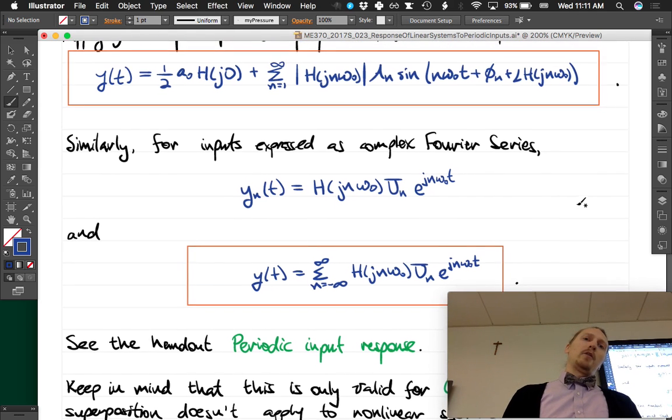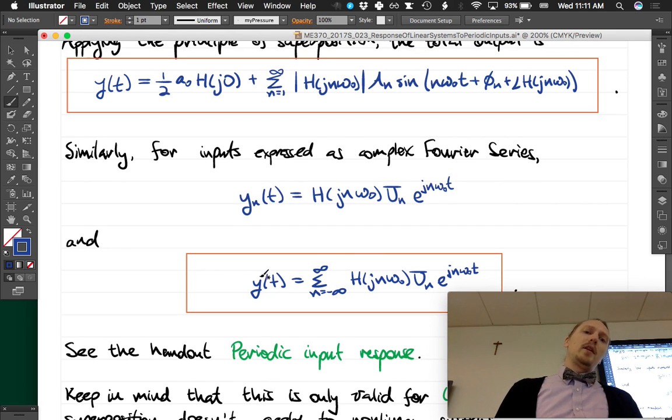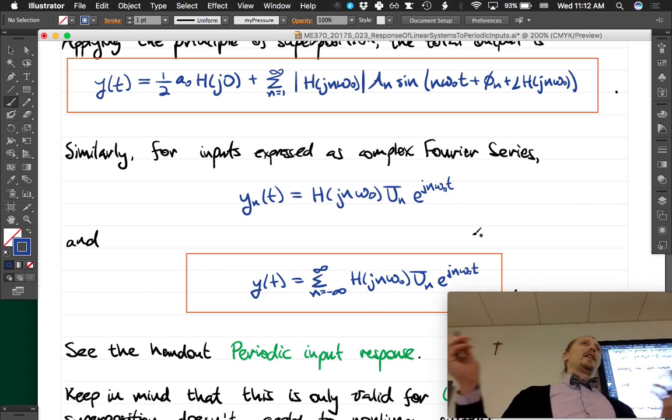And that's why, even though mathematically working with a complex representation is easier, often we think in terms of the trigonometric representation because it's more intuitive, I think, to us. It's not obvious in this second boxed equation that we're simply summing up a bunch of sinusoids scaled in amplitude and added in phase.